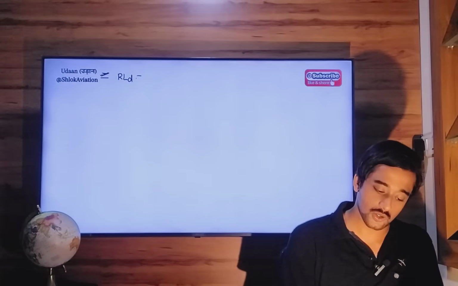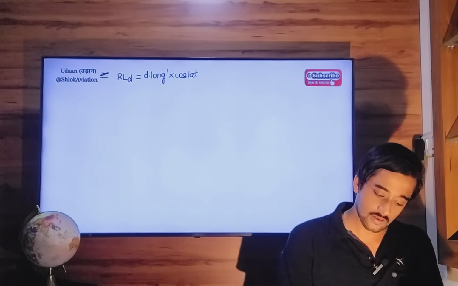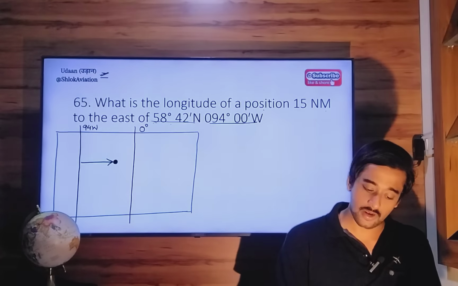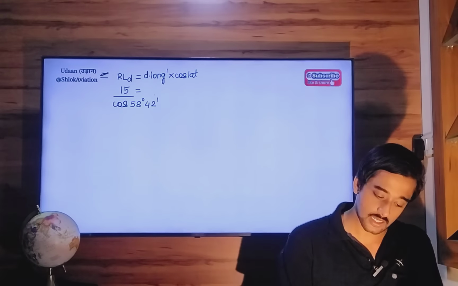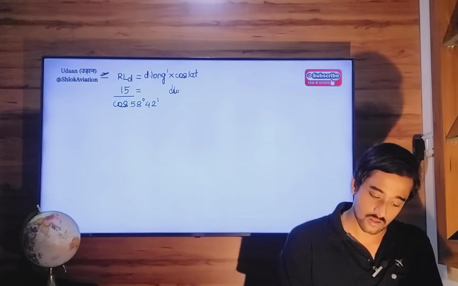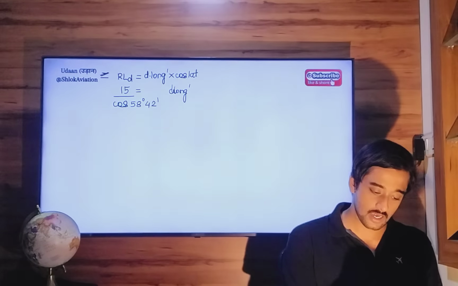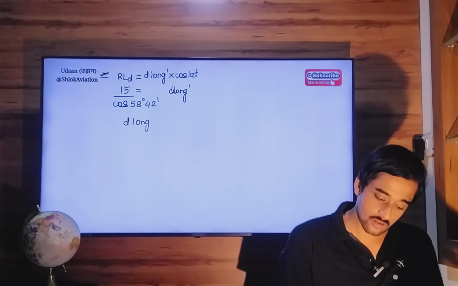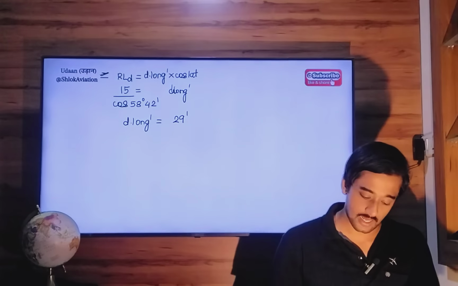Rhumb line distance equals d long in minutes into cos of lat. So d long is 15 nautical miles divided by cos of latitude 58 degree 42 minutes. So 15 divided by cos 58 degree 42 minutes equals 29 minutes. Okay, so 0 degree 29 minutes.